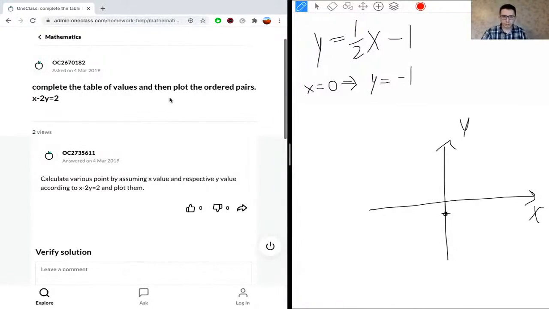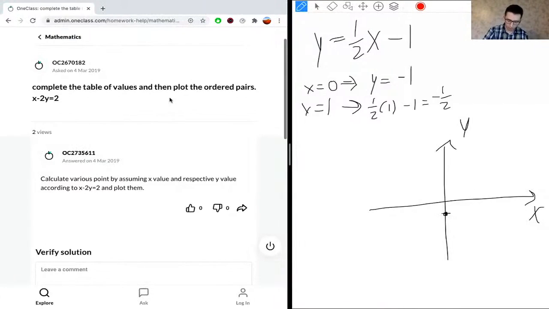We can also substitute values of 1, 2, 3, 4, and that will give us more detail. At x equals 1, we get a half times 1 minus 1, so a half minus 1, which is negative a half, and that equals y.